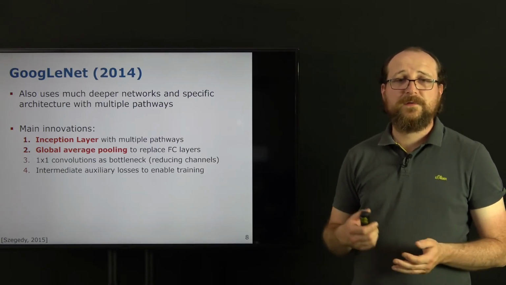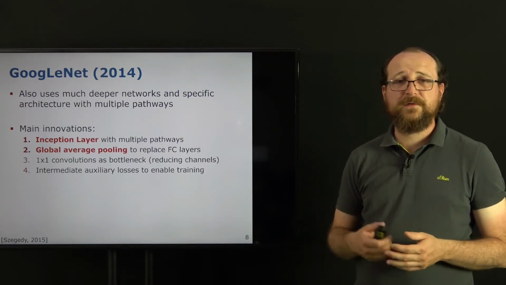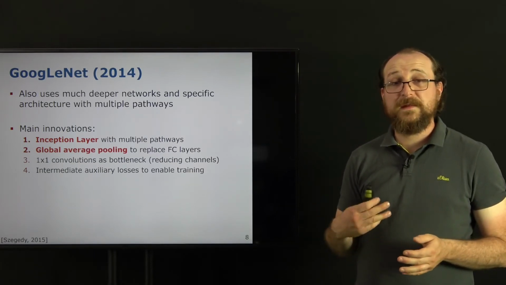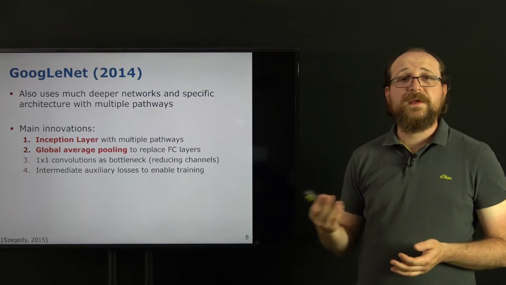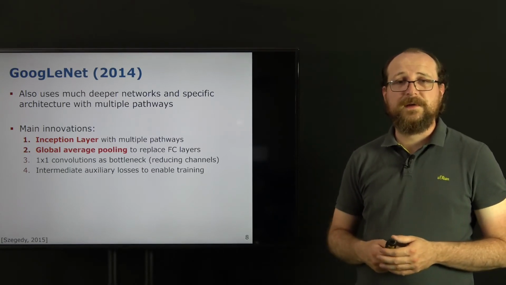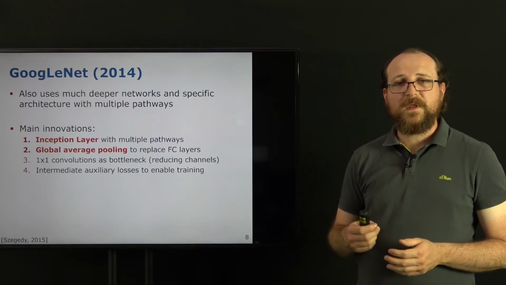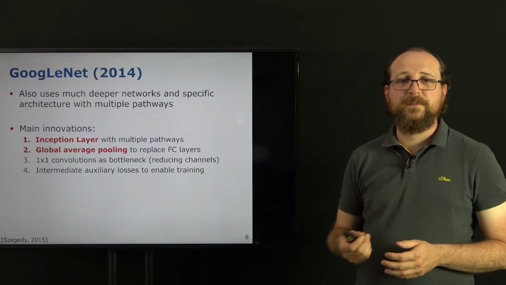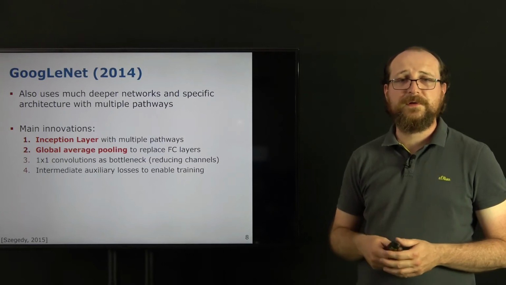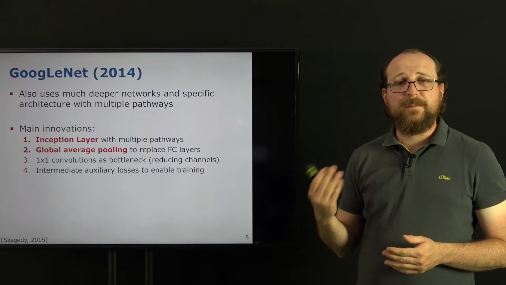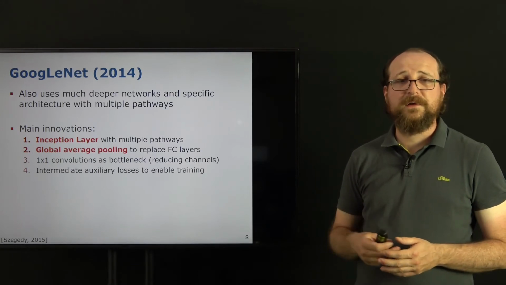One innovation was the so-called inception layer, which has multiple pathways. Then the global average pooling, which replaces the fully connected layers, or some of the fully connected layers, in the end. And they also introduced the concept of the one-by-one convolution as a bottleneck to reduce the number of channels, to make the number of parameters not so large in the end.